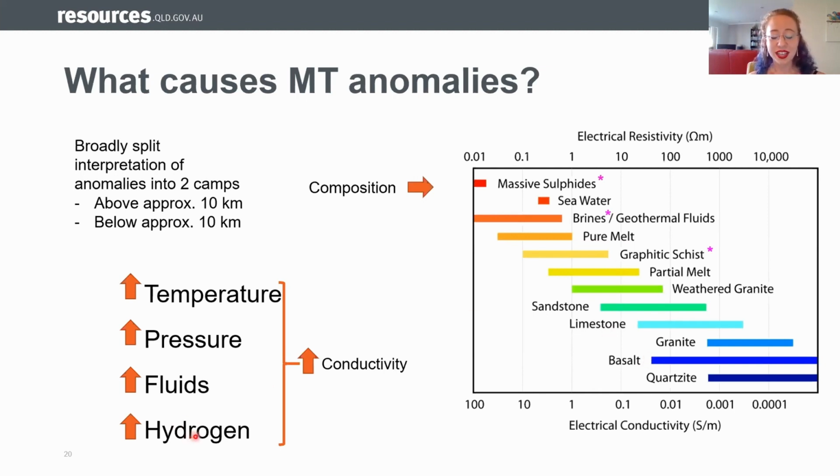And then the other one that comes up quite regularly is hydrogen. So that's a weird thing to think about, but the way I think about it is essentially hydrogen is a proxy for fertilization by fluids moving through the crust. So all of these factors plus composition are things you have to consider when you're looking at anomalies in the deep crust.